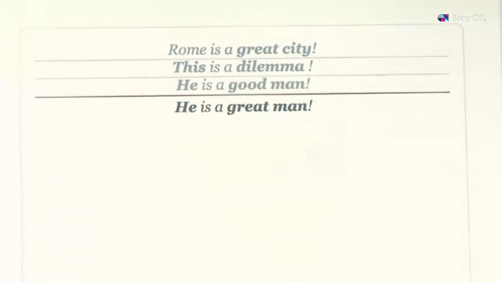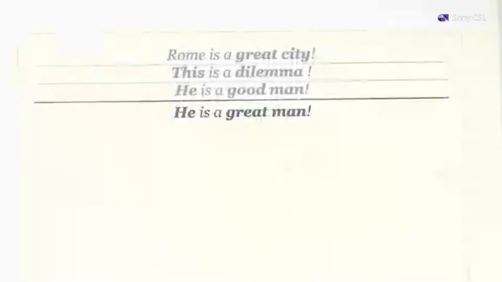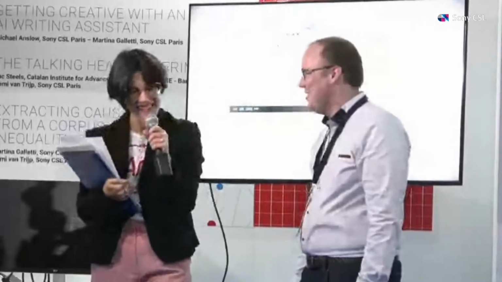So we have, this is a dilemma, completely unrelated to anything to do with the city. He is a good man. He is a great man. So these all introduce new situations that you might not have considered in writing that you can then reincorporate into your text and continue from there. And so it's like an inspiration. It's an inspiration engine.